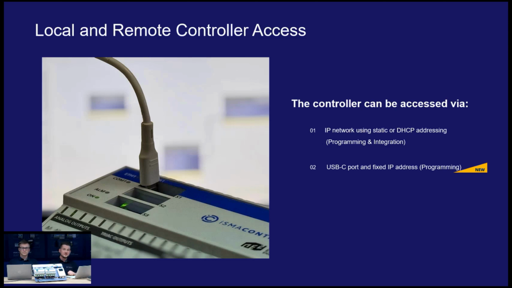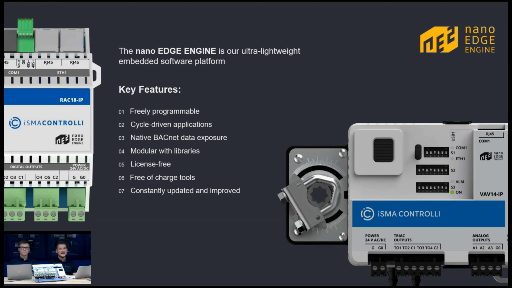So this is the new feature, and this feature comes from the Nano engine that is a part of our software technology in the RAC18-IP and not only, also in our VAV14-IP, which also shares the USB-C in its hardware, which means you'll be able to program it over IP or the USB-C as well.